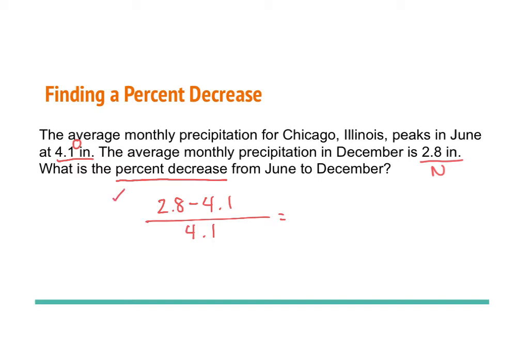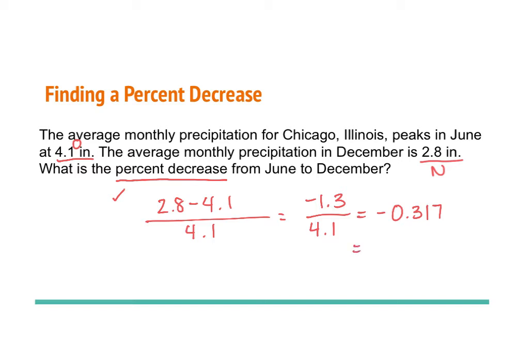So let's take that 2.8 minus 4.1. We're going to get negative 1.3 on the top, and that's going to be over 4.1 in the denominator. And if we actually do that division, negative 1.3 divided by 4.1, it is negative 0.317.